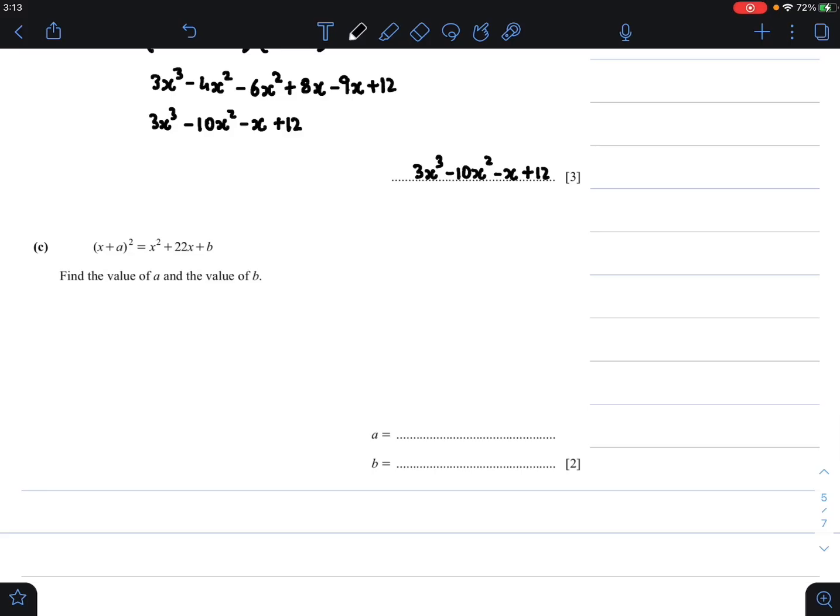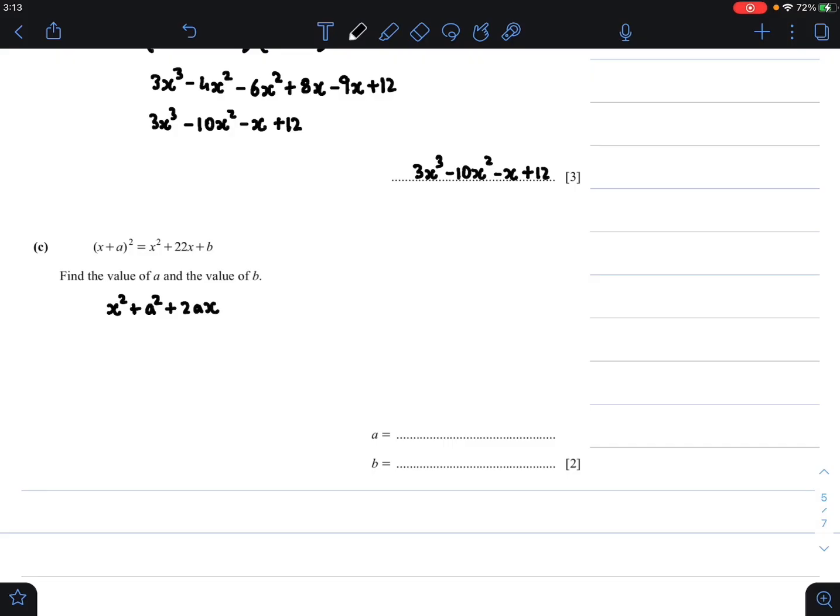So for part C, to find the value of a and b, first let's expand x plus a the whole square. So it would be x square plus a square plus 2 times a times x.